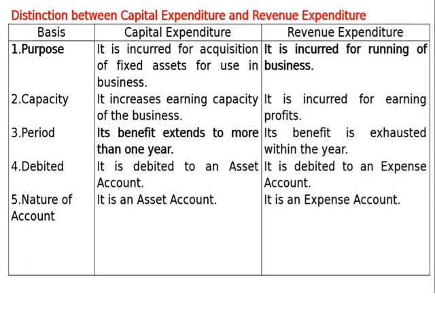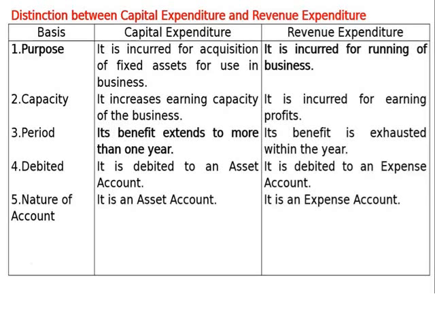Number three, period. Its benefit extends to more than 1 year. Once we have made the capital expenditure, its benefit will go on for a number of years, like 10 years, 20 years, 50 years. If I bought an AC in my house, that AC will work for the next 5 years, 10 years.